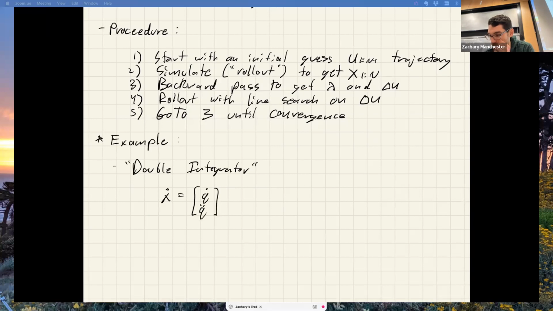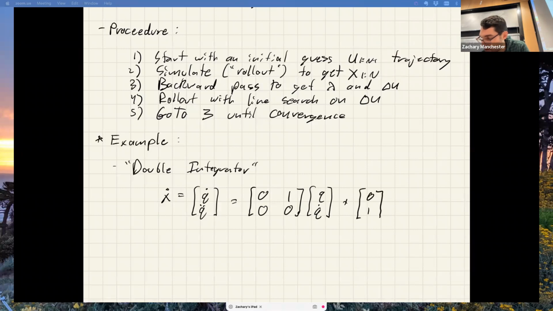So there's our state derivative, and the dynamics look like this. That's saying Q dot equals Q dot, and then we get a control input on Q double dot. So it's like having a particle in 1D with F equals ma, where F is your control input and M is 1. So maybe write some of that down.